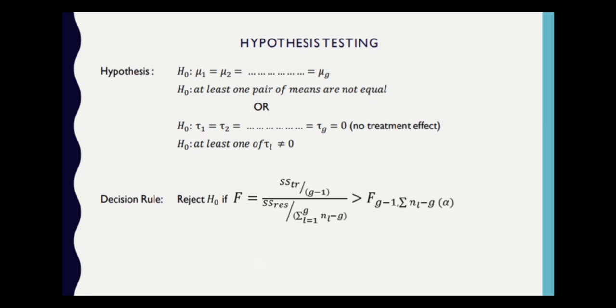Bila reject H-not, what can you conclude? Okay, when H-not is rejected, we can say that there are significant difference of the variable among the G population.